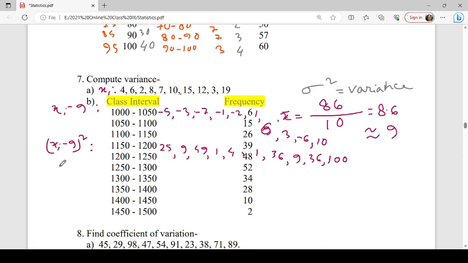Then this is our summation xi minus x bar whole square. So sigma square is summation xi minus x bar whole square divided by n.